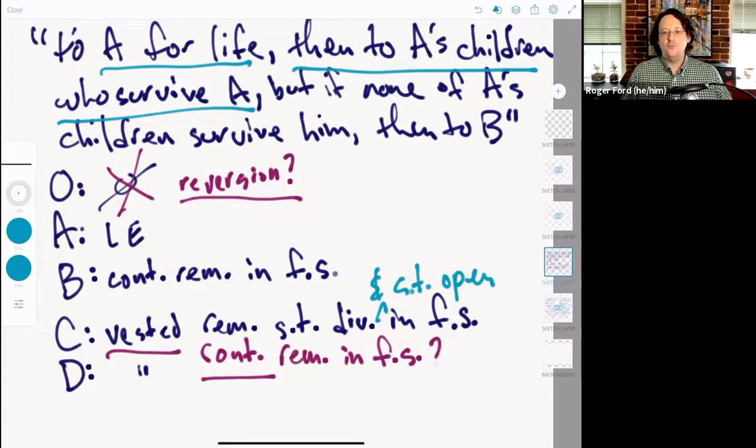And so they can't say, I'm definitely going to get it, or even I have it vested and it might be taken away, but I have it as of right now. Under the text, it's something where they get it if something is true on a certain date in the future that we cannot yet determine. So by the text, it's contingent.